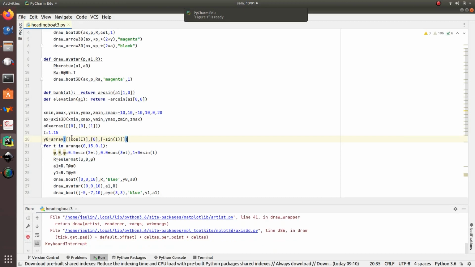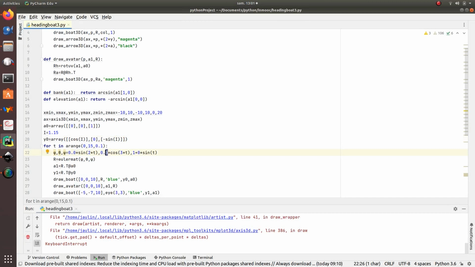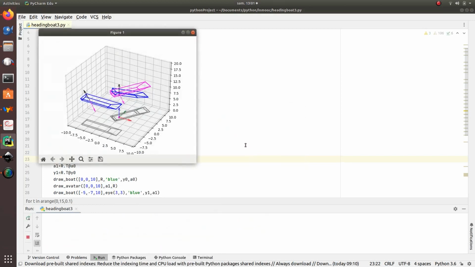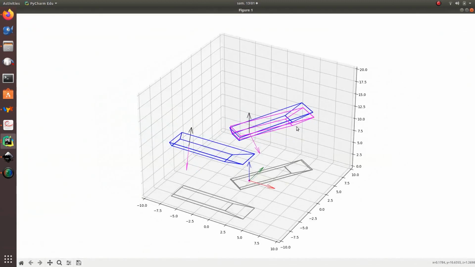Back here, if I provide a variation of the pitch and run it, I can see again the avatar in magenta.